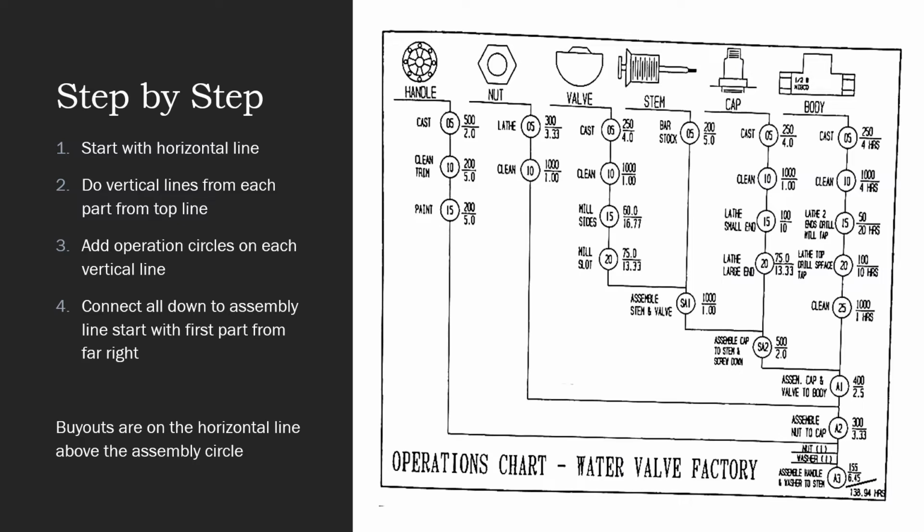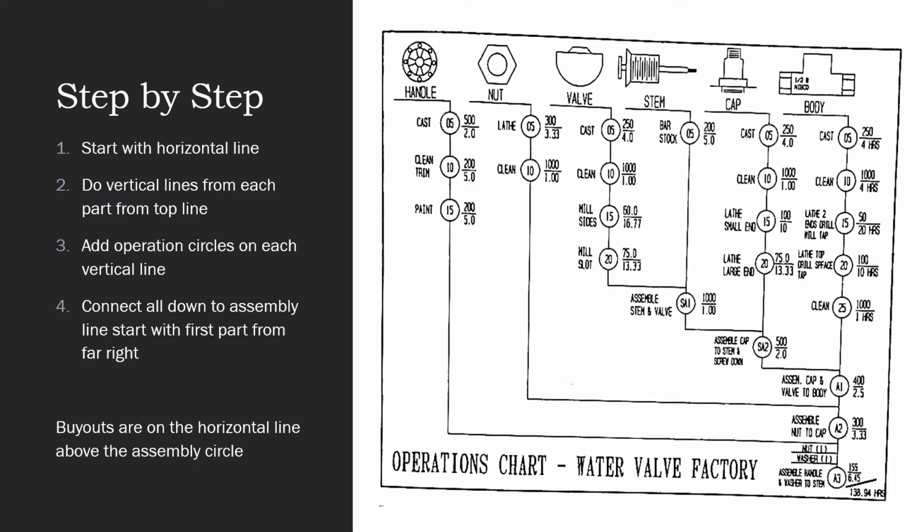So if we look at it step by step, we start with a horizontal line right here. Then we do vertical lines, these ones, from each part from the top line. Then we add operation cycles for each part, and these operation cycles are on the vertical line.